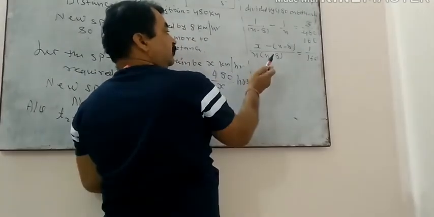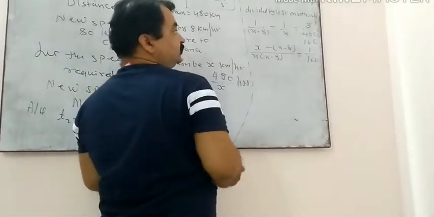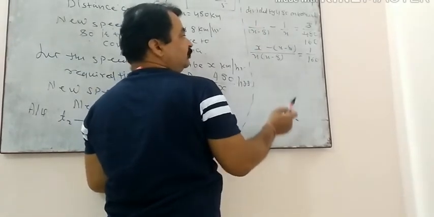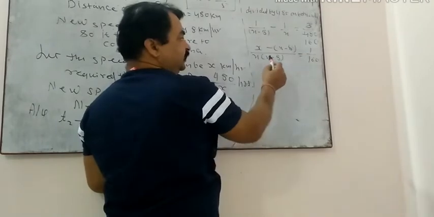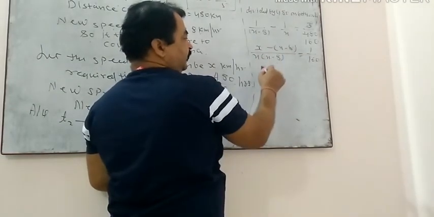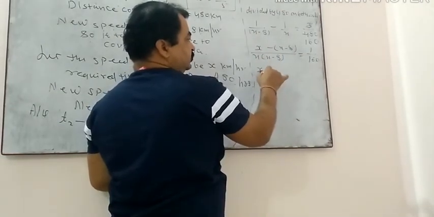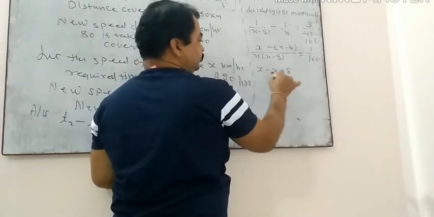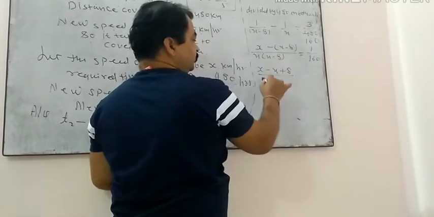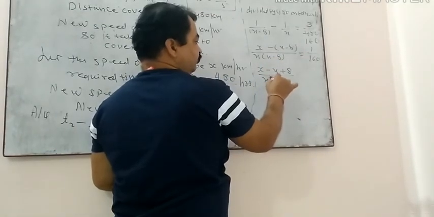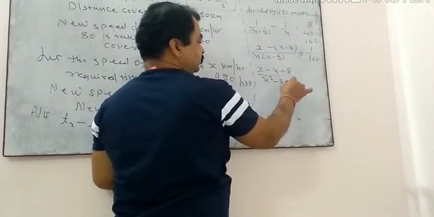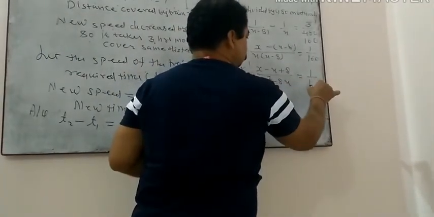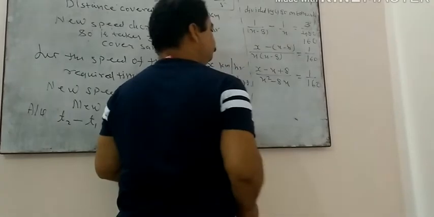See how the calculation is minimized by removing the common term. If you do not remove it, it becomes a little complicated and time consuming. Right? Now open the bracket for the numerator part. So x minus of minus plus 8, and in the denominator part also, x of x square minus 8x equal to 1 upon 160.